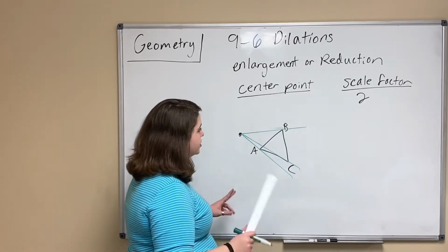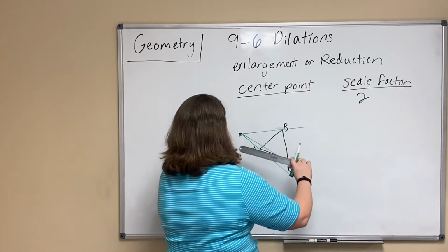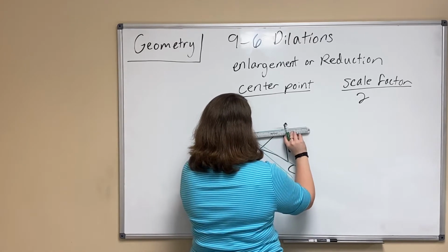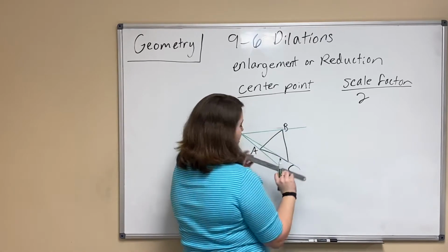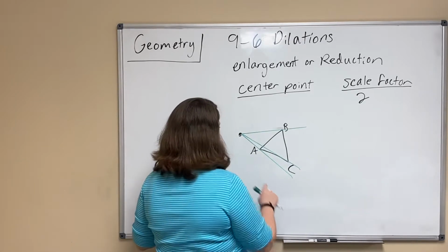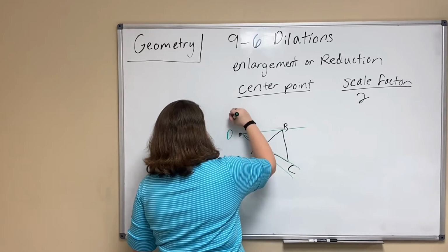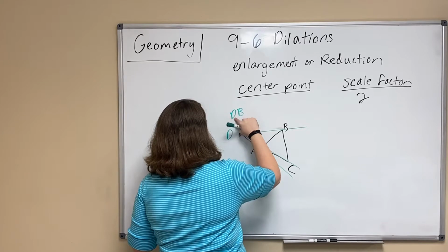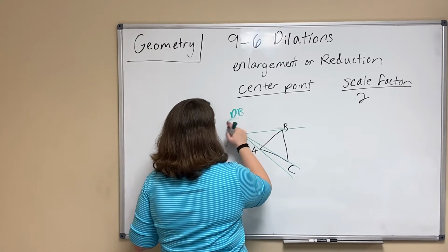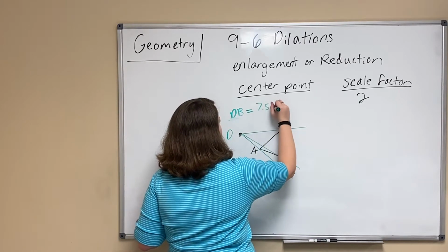Now, because my scale factor is 2, I'm going to measure the distance from my center point, which we'll call D, to B. It's about 7.5 inches away. So the length of D to B equals 7.5 inches.